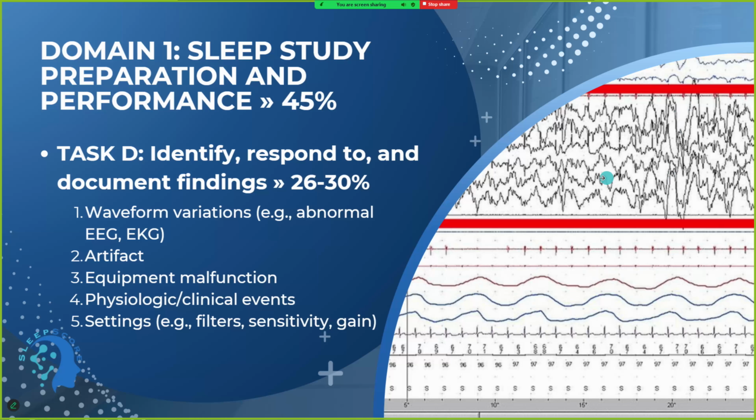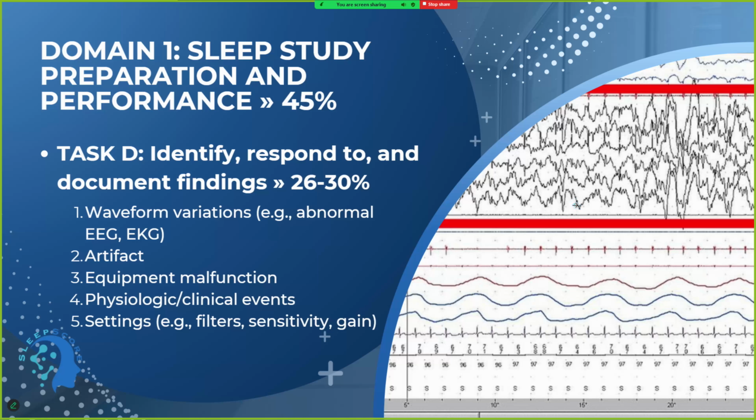So the artifact. Sometimes this is normal, but here you see this line. These lines are matching or coinciding with this heart rhythm. Actually this line is supposed to be just like this without this line. So this is artifact.